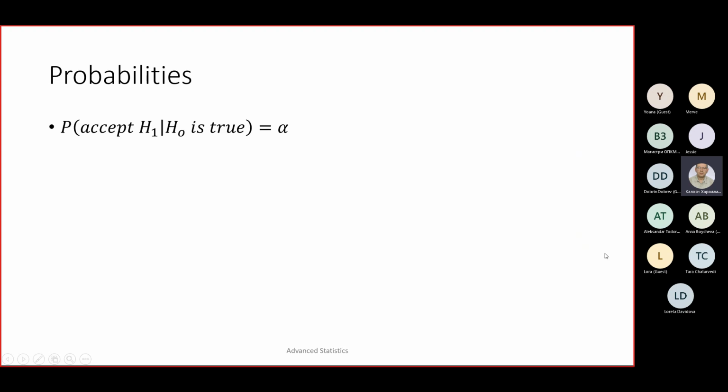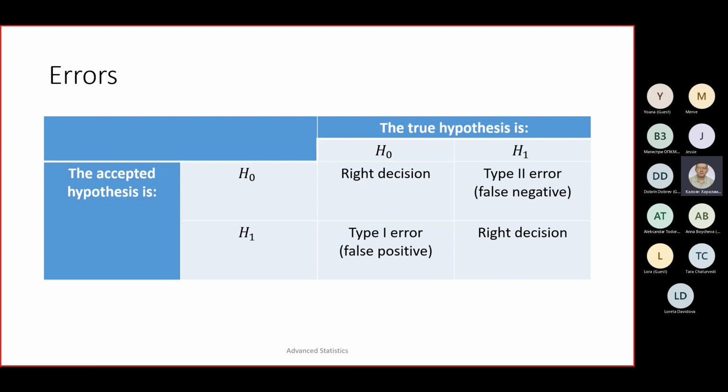And now I will ask you something. You know COVID-19, you know PCR test or antigen test. So imagine that one person goes to the hospital and performs PCR test.